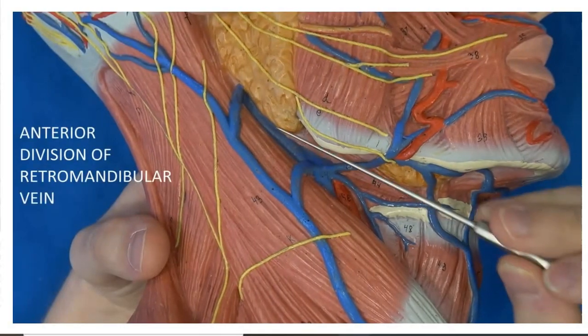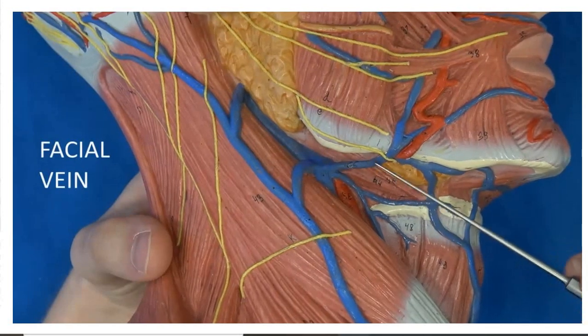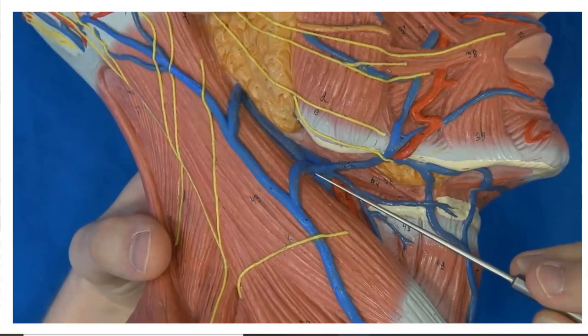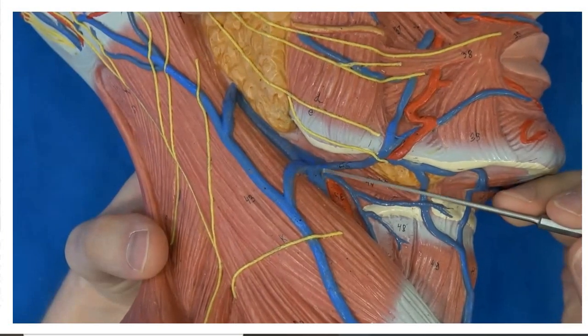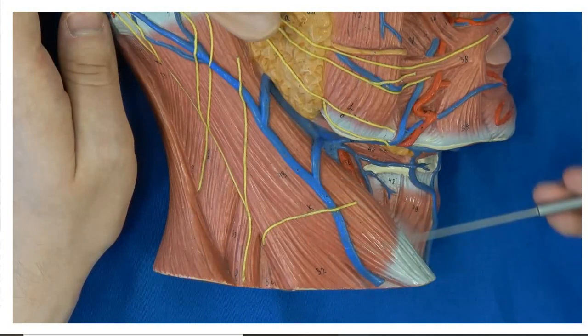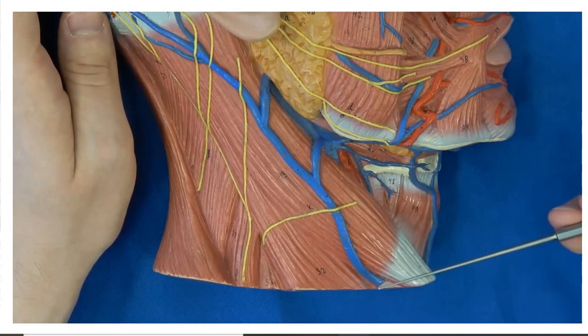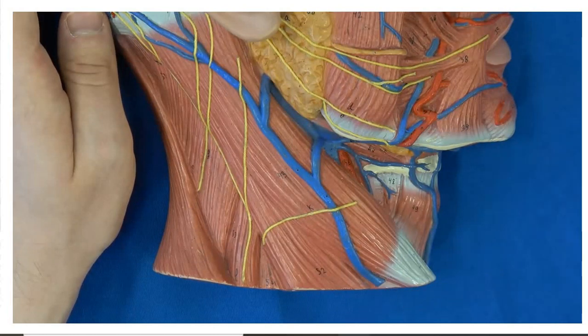Anterior division of retromandibular vein sometimes connects with facial vein to form a tiny blood vessel known as common facial vein that usually drains to internal jugular vein. External jugular vein runs downwards and joins either subclavian or internal jugular vein.